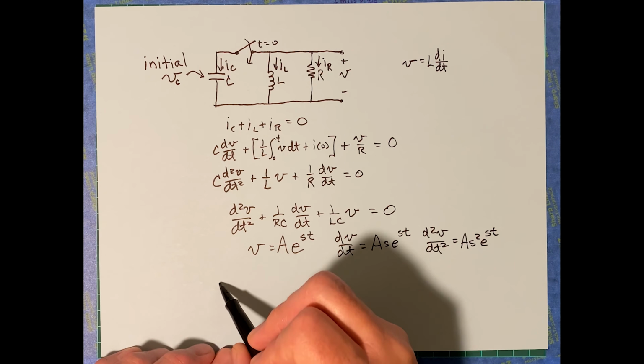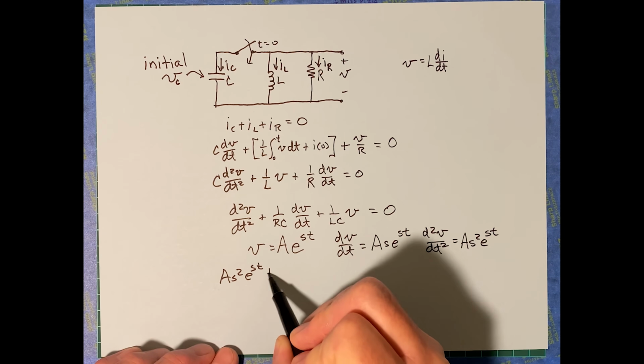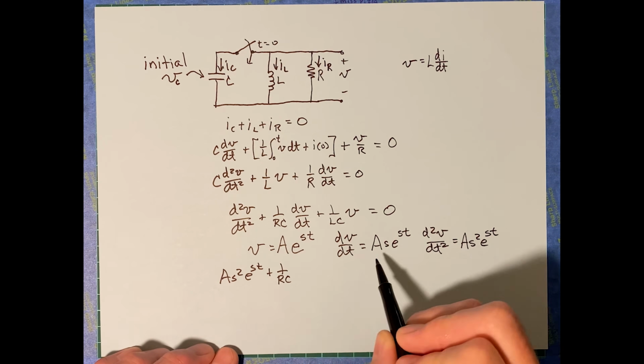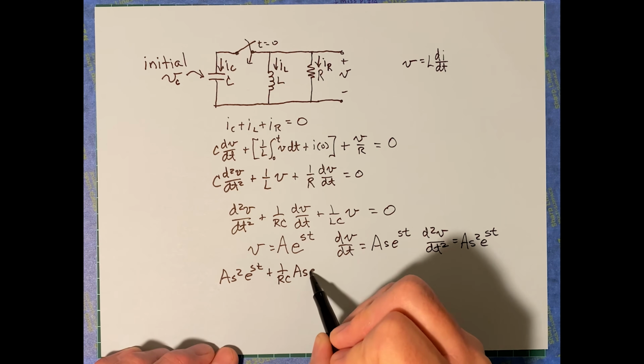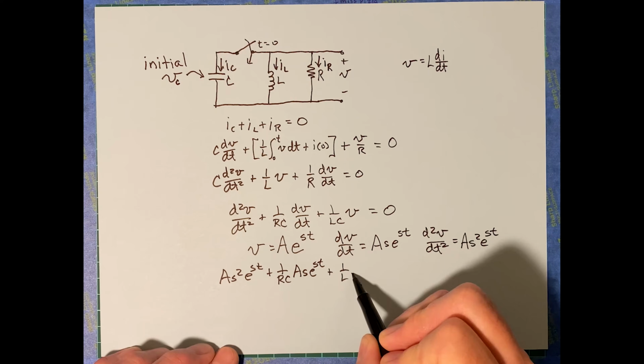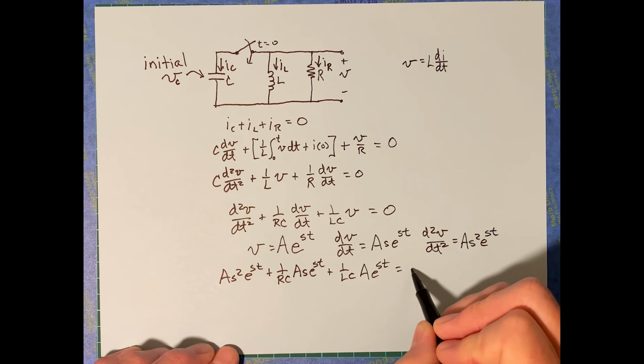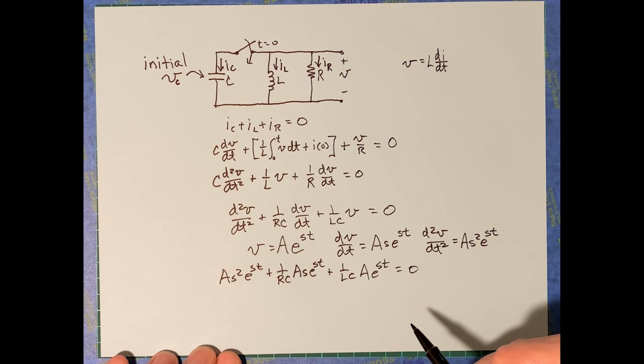What am I going to end up with? We're going to have a s squared e to the st plus 1 over RC a s e to the st plus 1 over LC a e to the st, and that has to sum up to be 0.